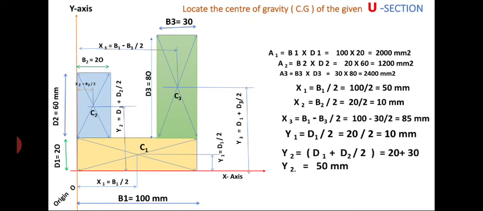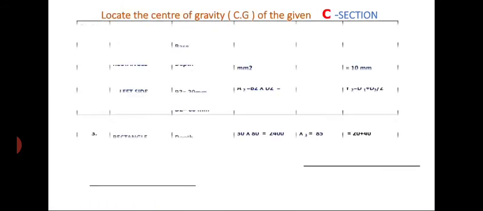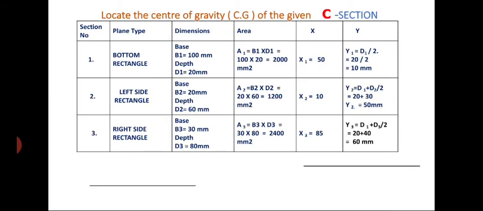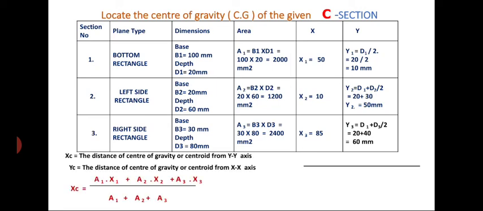These are the final values. Now these values are written in tabular form. By substituting these values into the general expression, we will get the final answer: xc equal to 56.42 mm, whereas yc equal to 40 mm.